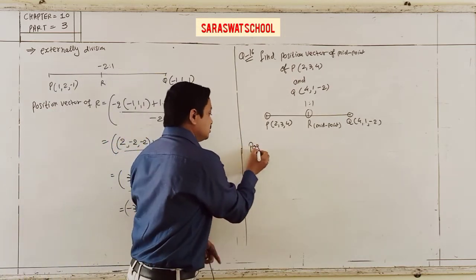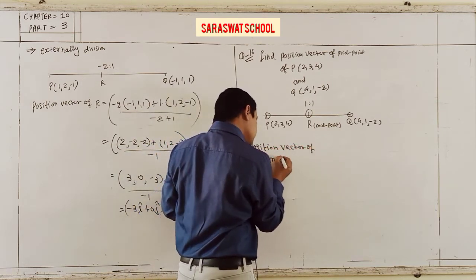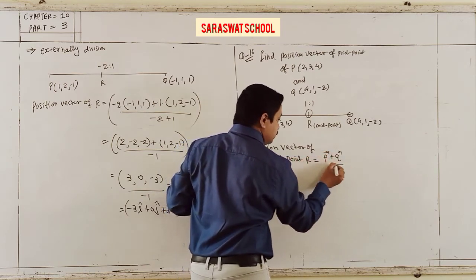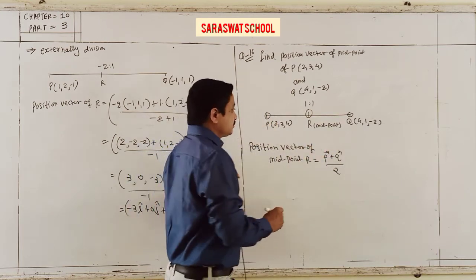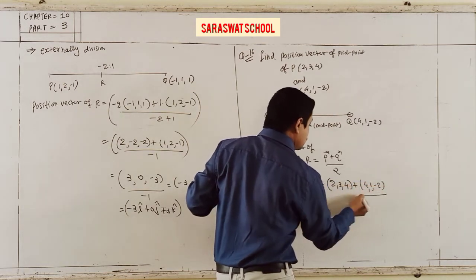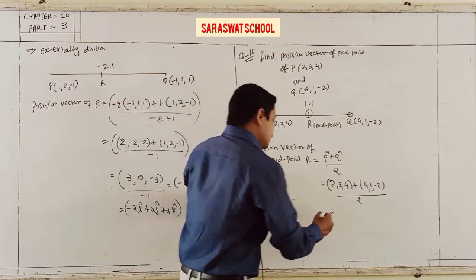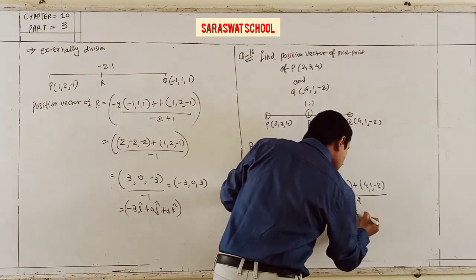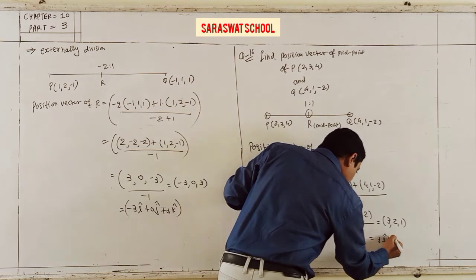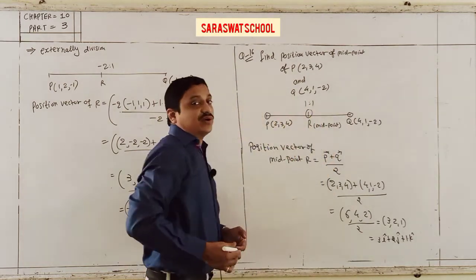So the position vector of midpoint R is P plus Q by 2. So 2 3 4 plus 4 1 minus 2, by 2. Adding them, my answer is 6 4 2 by 2, which means 3 2 1. So 3i plus 2j plus 1k. That's your position vector of R.